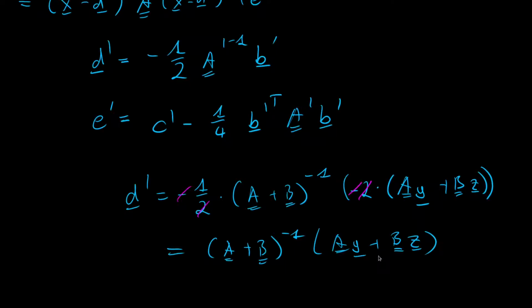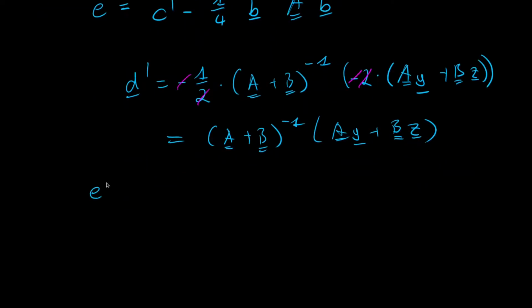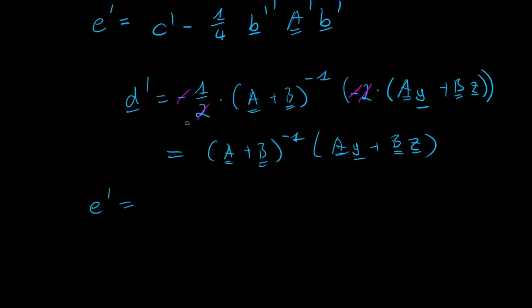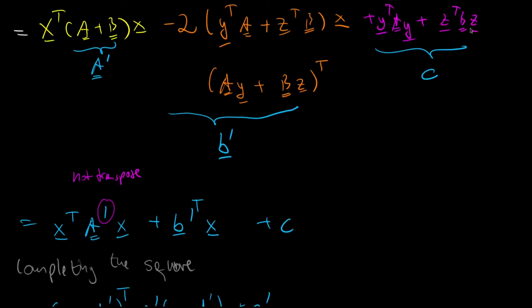But now it's going to get a little more complicated when we derive it for the E prime. So the E prime, as said, was given as C prime, and C prime we had as this one here.